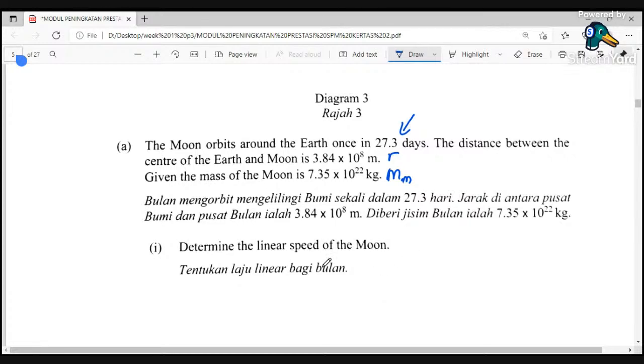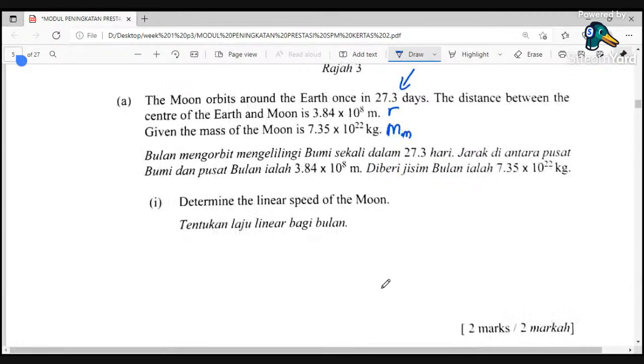So what is the formula for linear speed? You can go and check in the list if given. Okay, V equals to, if you want to derive, we just use the concept of a centripetal force equals to gravitational force. Okay.